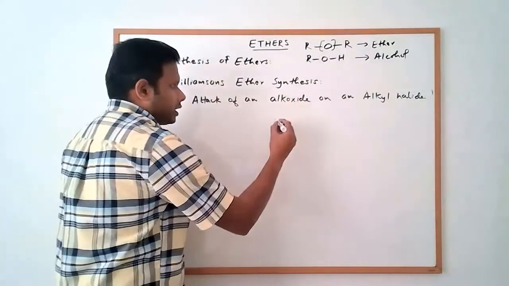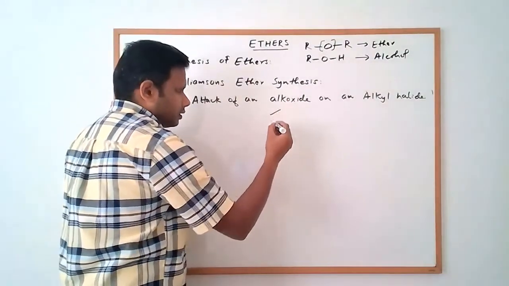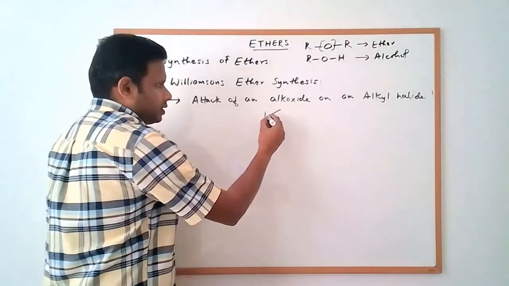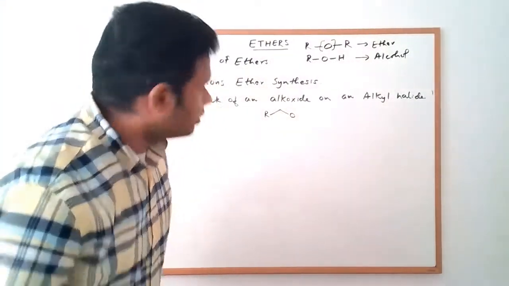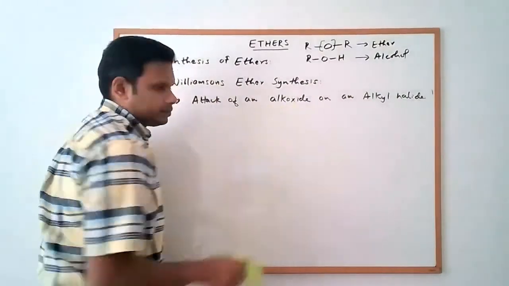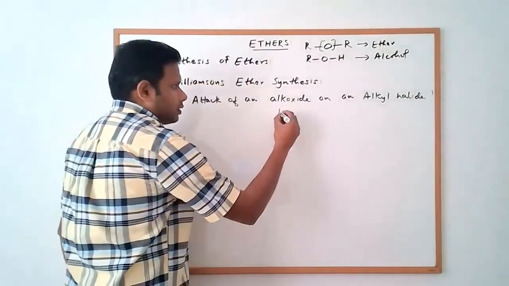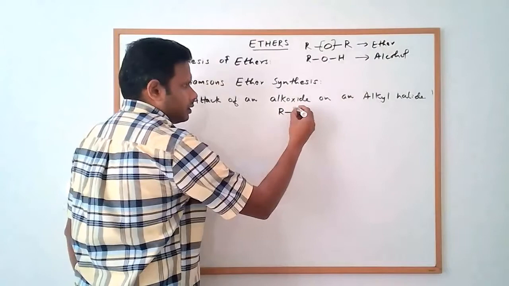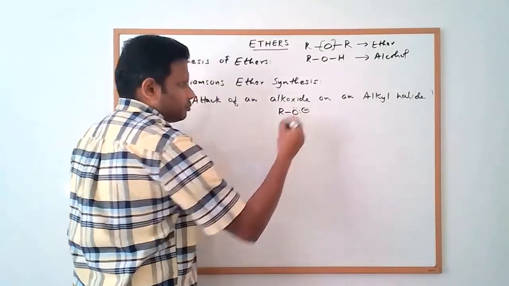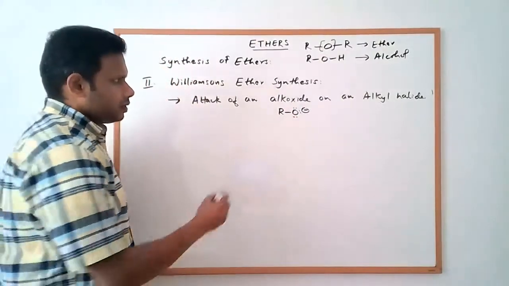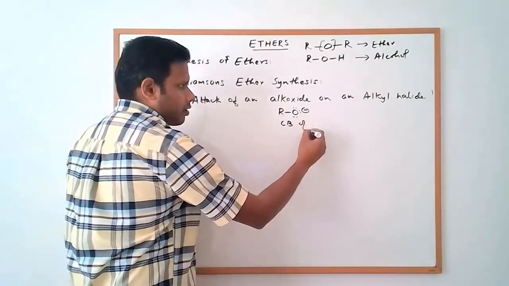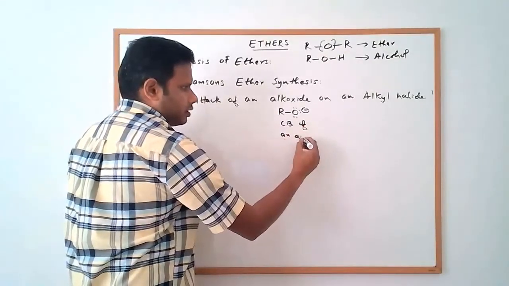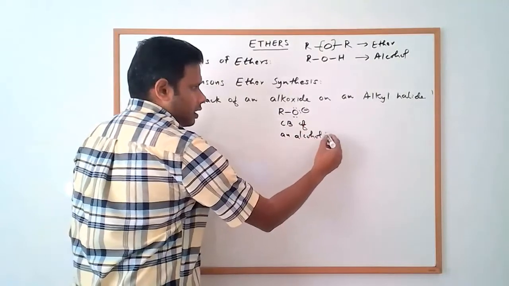What does that mean? An alkoxide, actually, I'm going to make it much simpler. Okay, an alkoxide is the species, okay, this is the conjugate base of an alcohol.